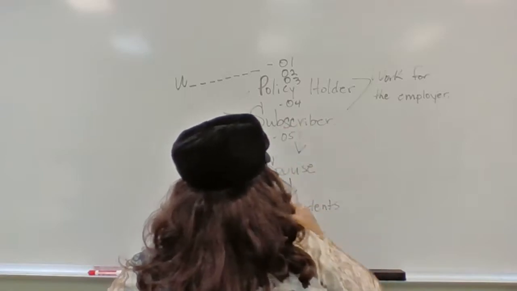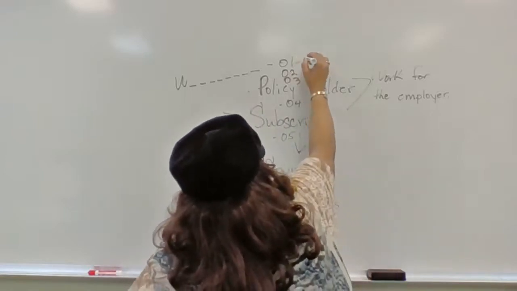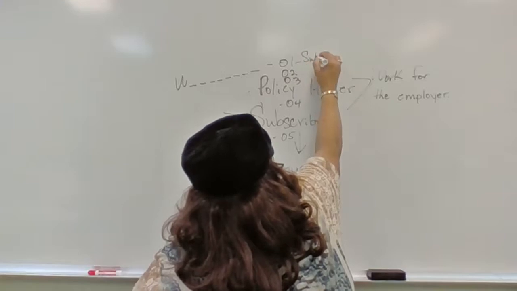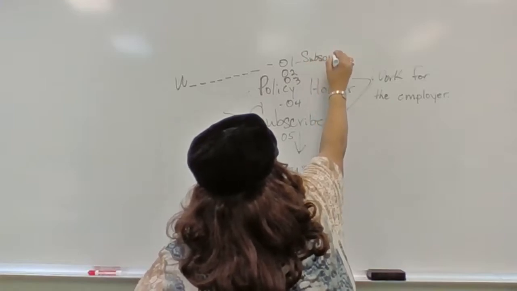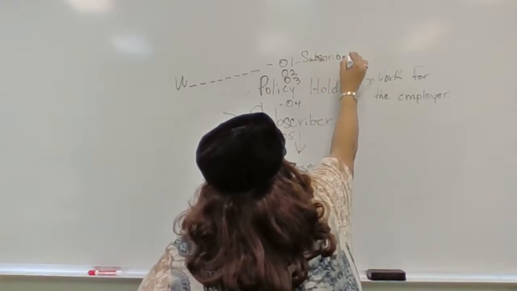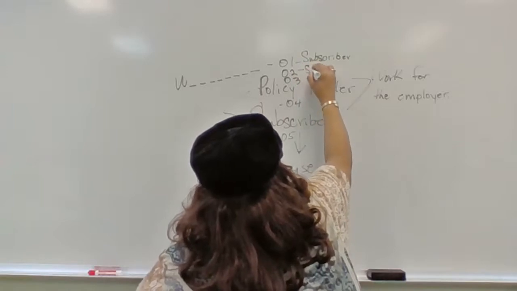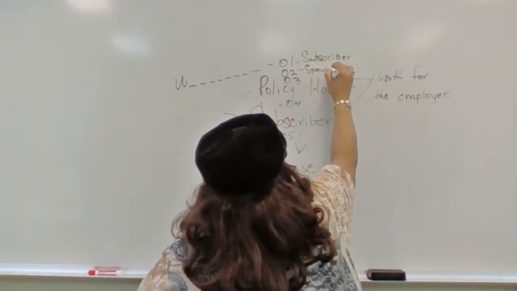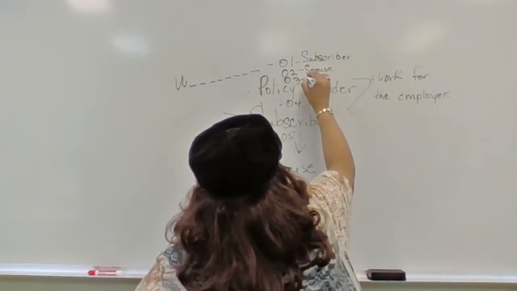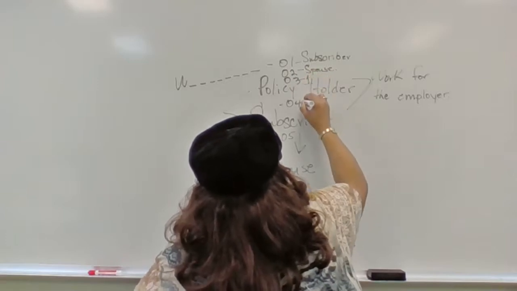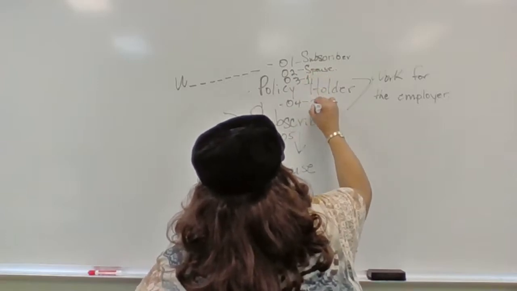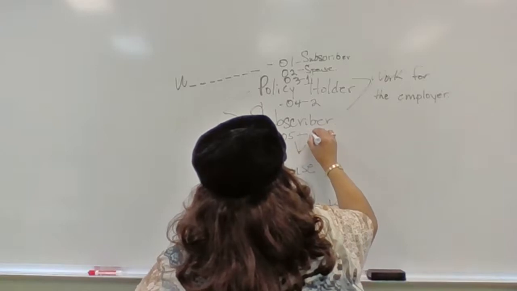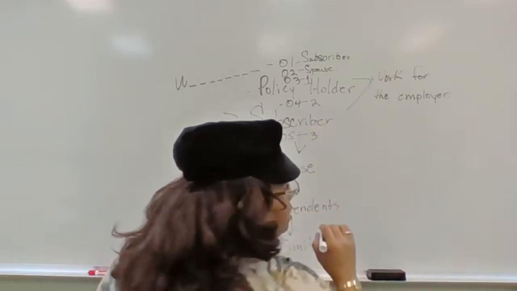I'm sorry, I'm all over the board. Dash 01 means this is the subscriber. Dash 02 means this is the spouse. Dash 03 means first kid, 04, second kid, 05, third kid, and so on and so on.